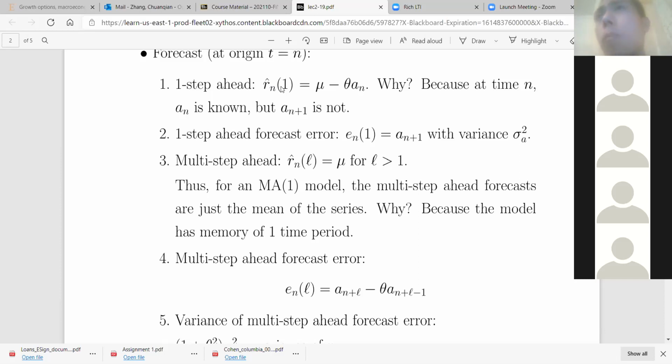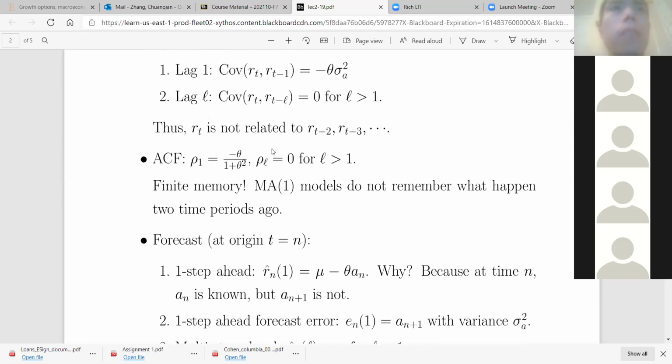But if it's 2 periods, 3 periods ahead forecasting, why do we only have mu left? Why is there no a_{n+2}, a_{n+3}, a_{n+4}? That is simply because for the moving average order 1 model, for periods beyond 1, there's no correlation, right? That means information beyond 2 days lag will be useless.